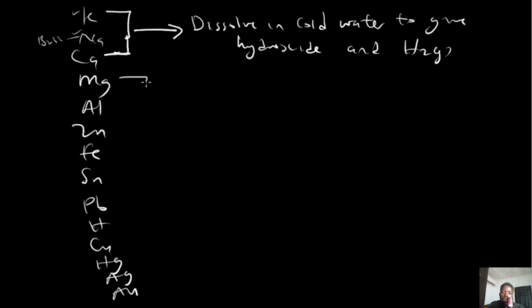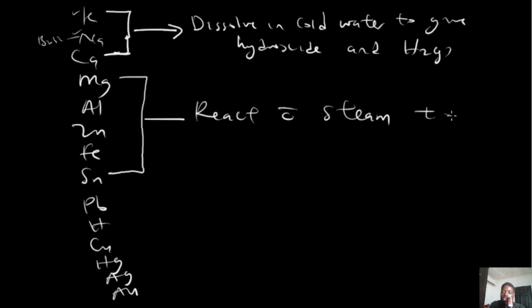Anyway, moving down. From here down to tin, these ones can only react with steam. That is to say, they are going to give oxides of metals and hydrogen.